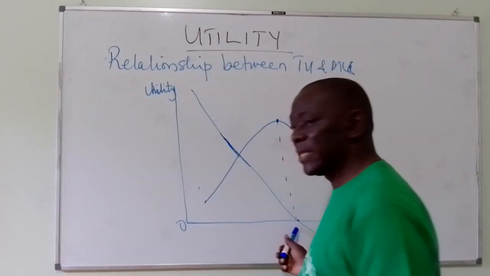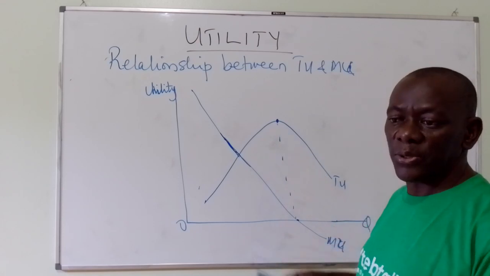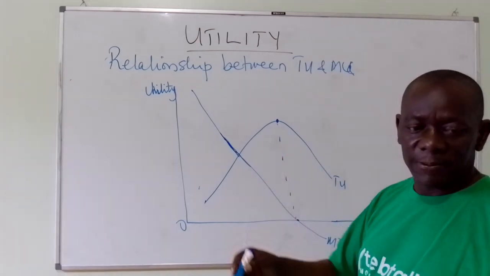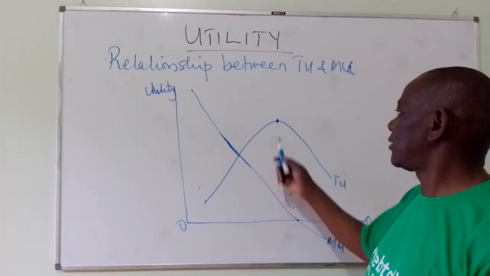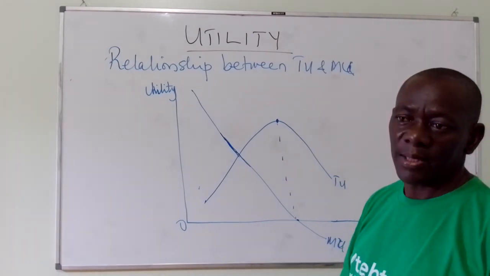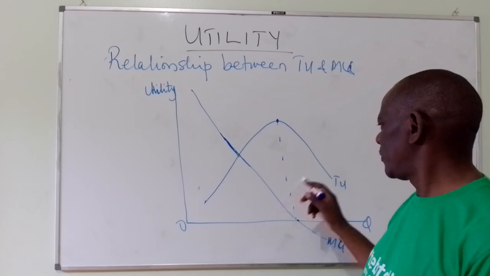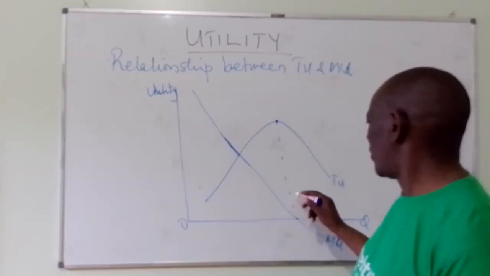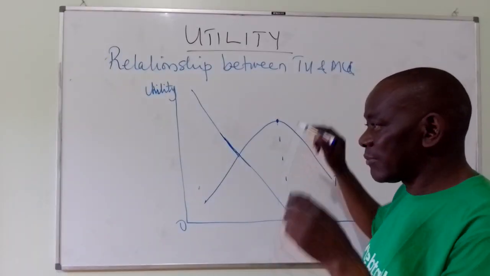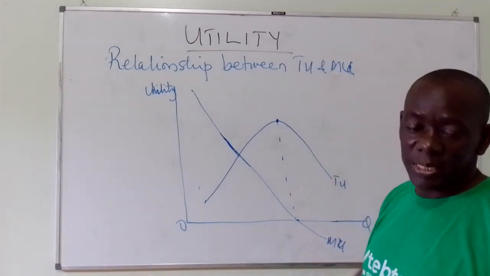And the moment it is 0, after that, whenever you add, you are in the negative. The total utility is declining after the maximum point of the total utility.